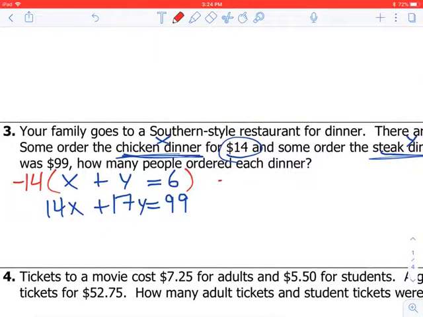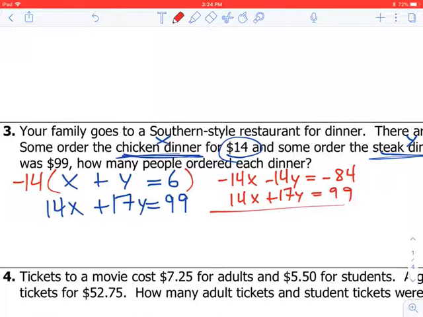And so that's going to be negative 14x negative 14y equals negative, and when you multiply that in your calculator, you get negative 84. So 14x plus 17y equals 99. Now we can go ahead and cancel. So x's cancel. 3y equals 15. And so we divide by 3, get y equals 5.